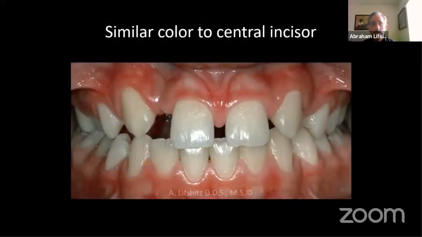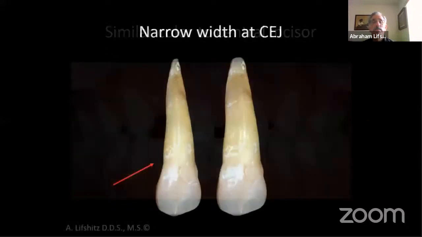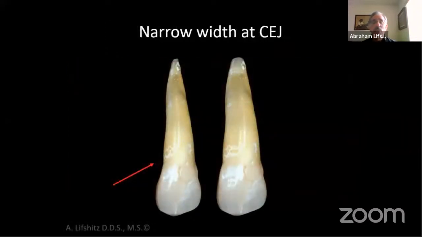So in this case, this is an ideal case for canine substitution. Why? Because it has a narrow gingival margin and a similar color to the central incisor. It has to have a narrow width at the CEJ, so you can take a look at the difference between these two canines.